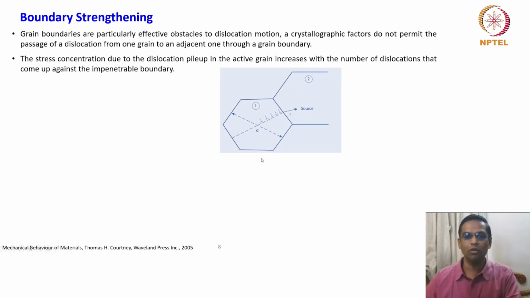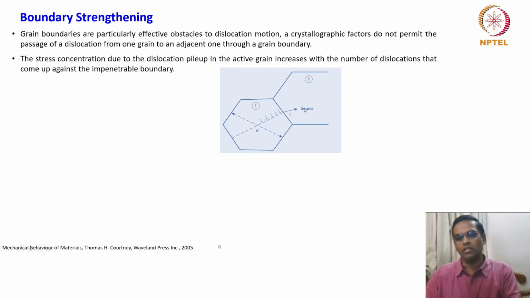So that's what is shown in the schematic. You can see grain 1 with the diameter D, and imagine that this dislocation pileup is happening in this grain 1. That means the slip systems in this grain are active, or multiple slips are happening, whatever it is. At least you can see that the dislocations are getting piled up against this boundary. And this is the second grain.